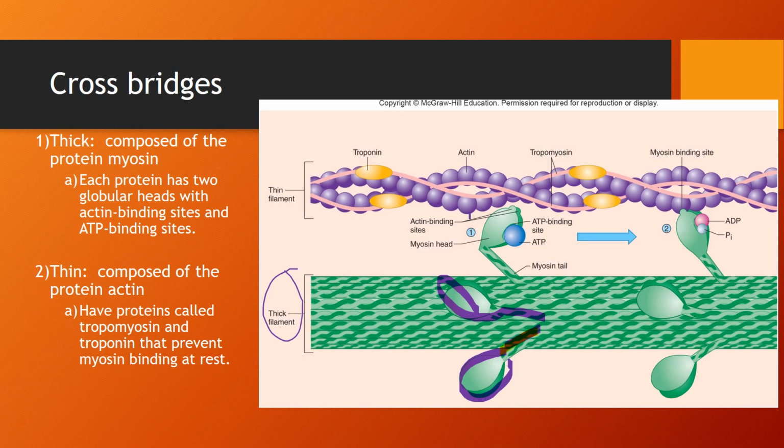The first one is the actin binding site, and the second one is the ATP binding site. The actin binding site is where the myosin interacts with actin, and the ATP binding site is where ATP will bind and then be important for muscle contraction.